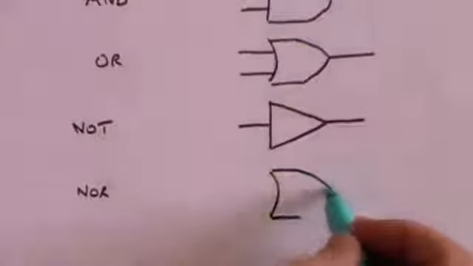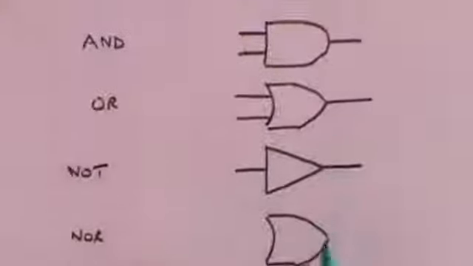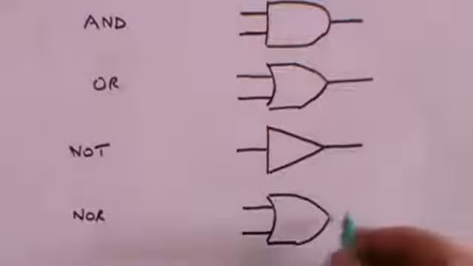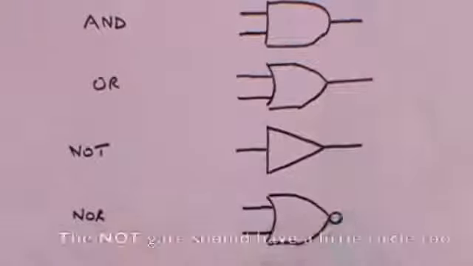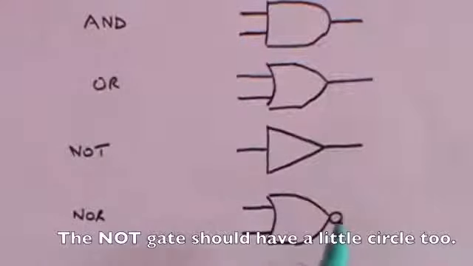Now there are 4 more fairly common gates. The next one is called the NOR gate, and that is drawn rather like an OR gate. Here's the OR gate, so far it looks the same, but what you do is you put a little circle there, and that tells you that it's a not.